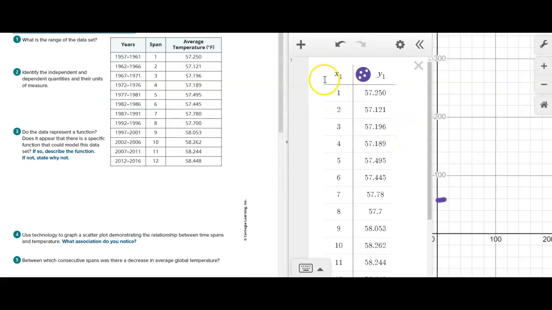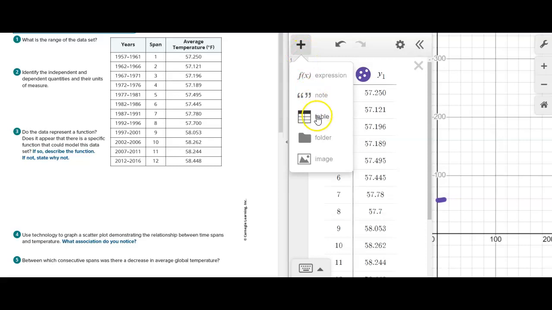So to graph this data, go to desmos.com/calculator. And then what you're going to do is click on the plus and then choose table. When you do that, you'll be able to enter the span number and the temperature in Fahrenheit as a coordinate pair.